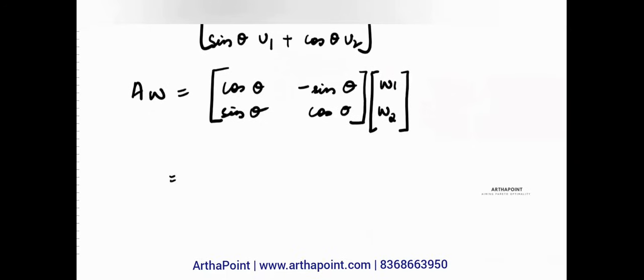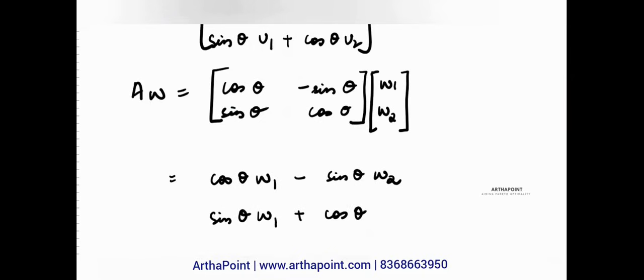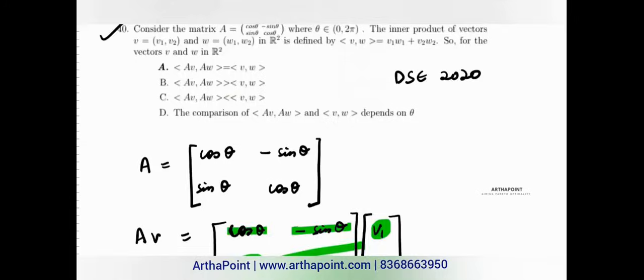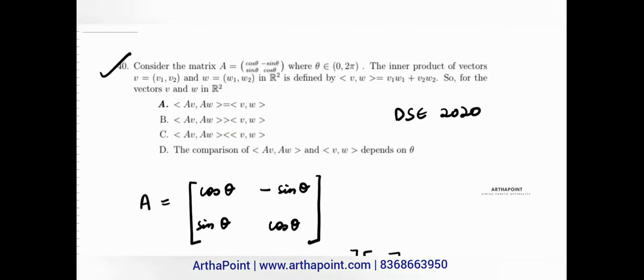So I will have cos theta W1 minus sin theta W2, sin theta W1 plus cos theta W2. This is my AW. Now it says find the dot product of AV and AW.